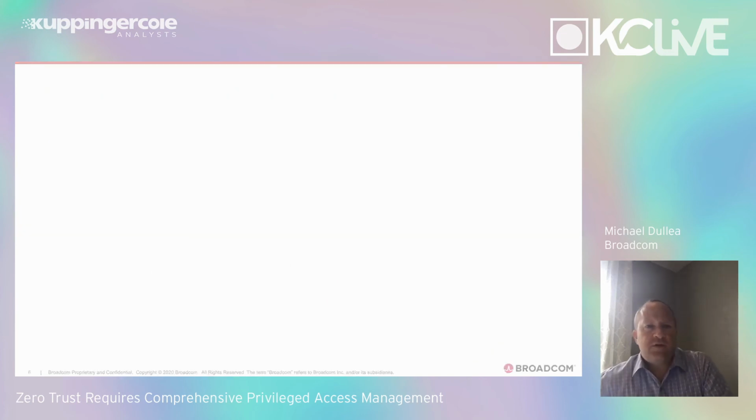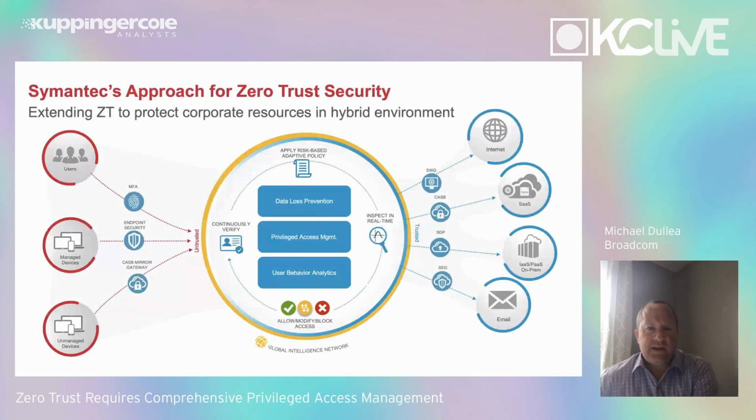And so our approach to zero trust security is really to give you all of those capabilities together. It's an integrated approach that allows you to embrace and enforce the new security model. So you have users and devices, both managed and unmanaged, trying to connect and gain access. Our capabilities can be used to ensure that the endpoints are secure, and that the authentication is there, that they are who they say they are.